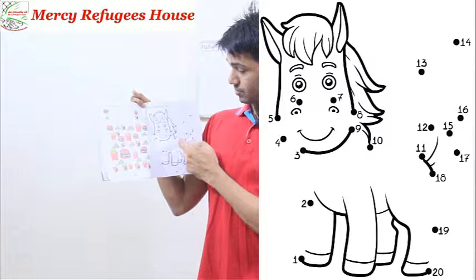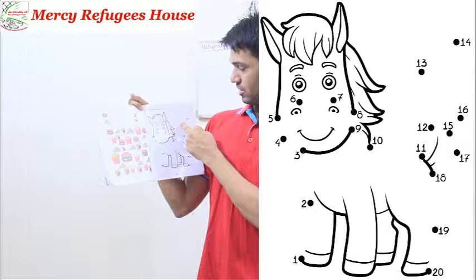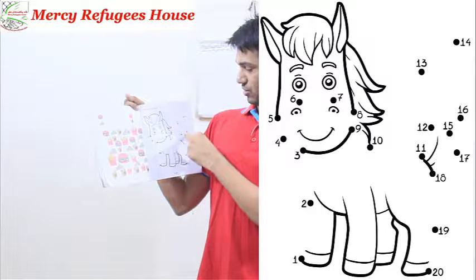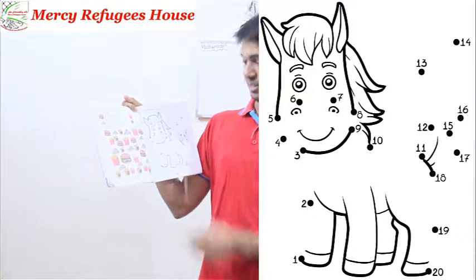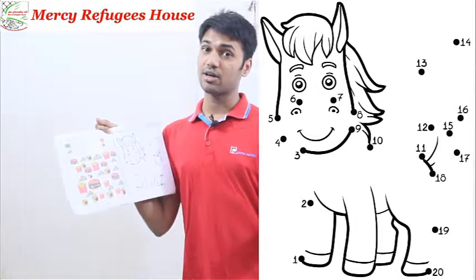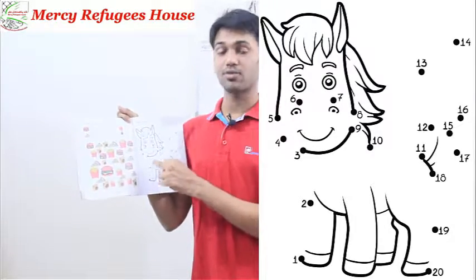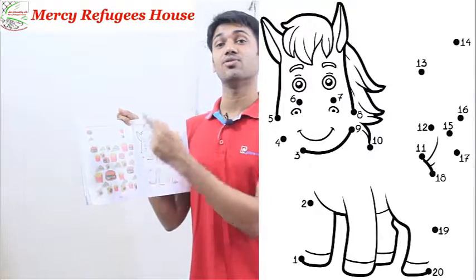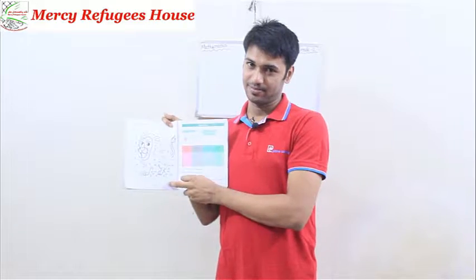Then 10 to 11, 11 to 12, 13, 14, 15, 16, 17, 18, 19, and 20. That means they will connect one number after another. Do not connect the ones before. They connect 1 to 2, 2 to 3, 3 to 4. Do the same for the exercise of this.